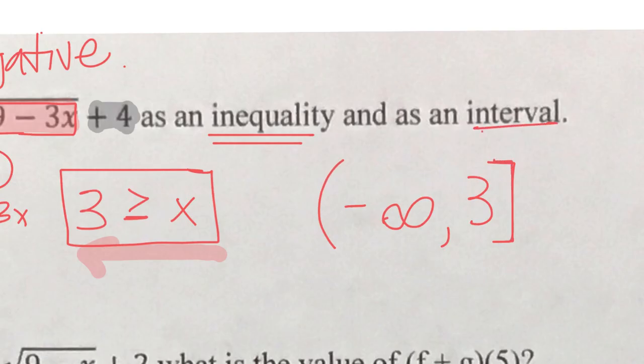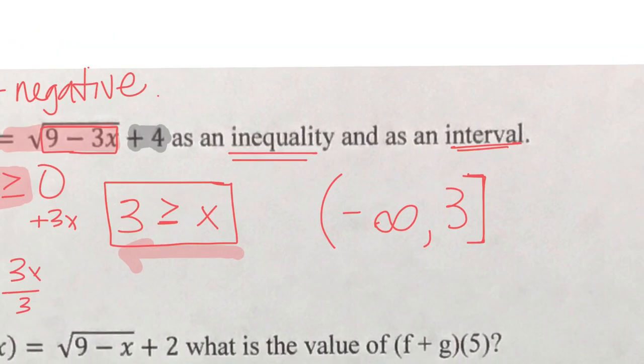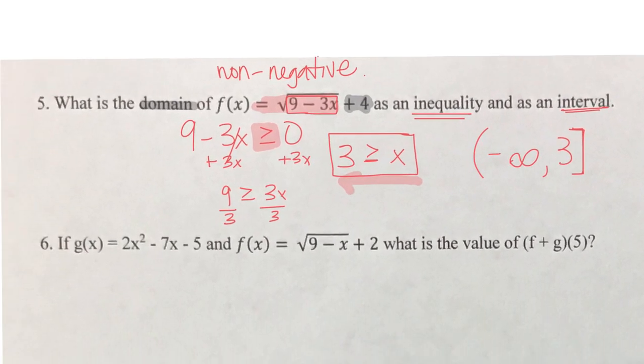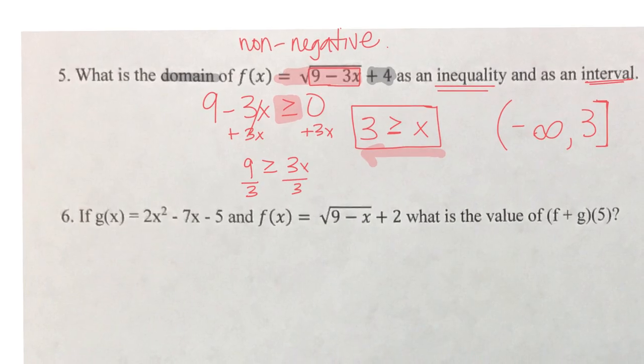All the numbers less than or equal to 3 are from negative infinity to positive 3. So one of your restrictions is for square roots. You always set your radicand, the thing underneath your radical, greater than or equal to 0, and solve.